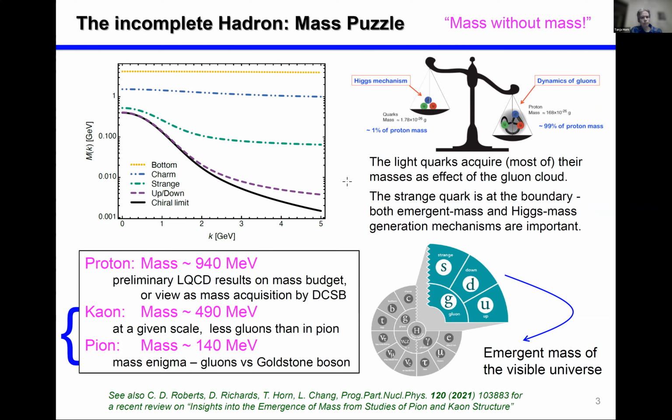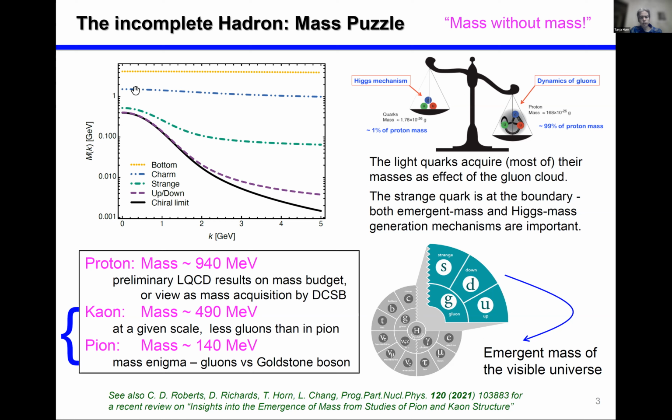And we can look at the quark mass functions here on the left-hand side. I hope you see my cursor, by the way. One can see here this mass acquisition function as a function of momentum, and one can see the light quarks, with this dependency on momentum, acquire essentially all their mass. All the mass of the quarks is acquired by this dynamical process.